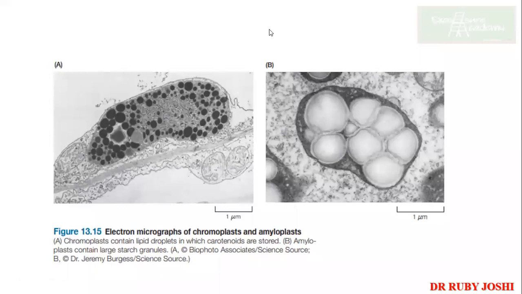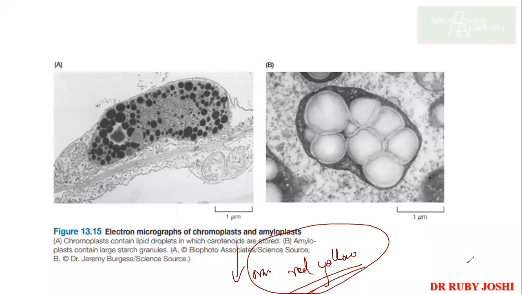We know that carotenoids of different types and colors are present, right? You have the orange, red, yellow. So these different kinds of carotenoids are present. All this color which we see in the case of flowering plants or fruits is because of the presence of the carotenoids.